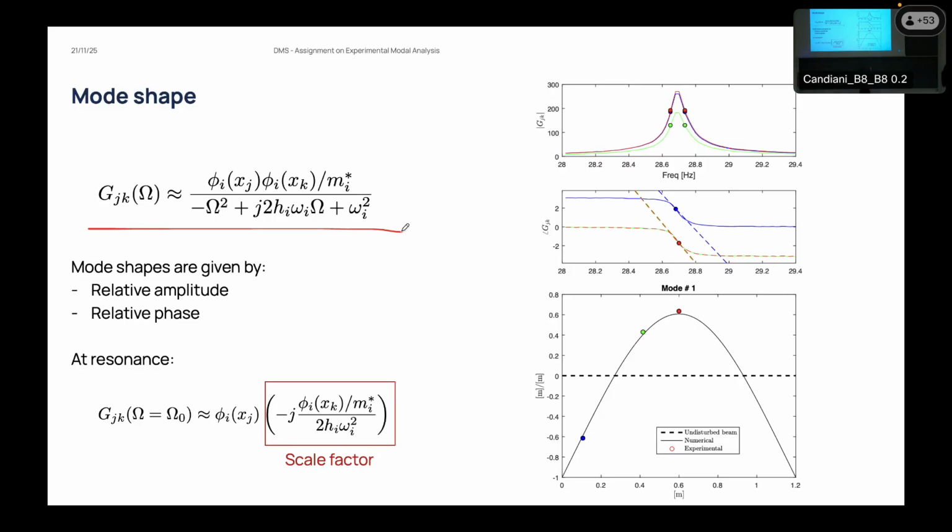So if we look at the frequency response function, that for the mode number i is relating the position k, that is the position of the application of the force, with the location j, that is the location in which you are looking for the output, this can be written as phi_ik times phi_ij divided by the modal mass, and then you have minus capital omega squared plus the imaginary unit times 2 h_i times omega_i times capital omega plus omega_i squared.